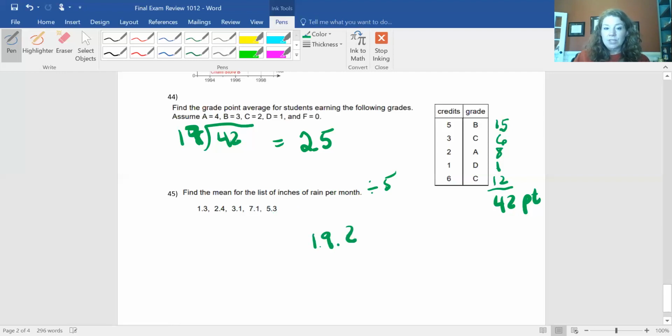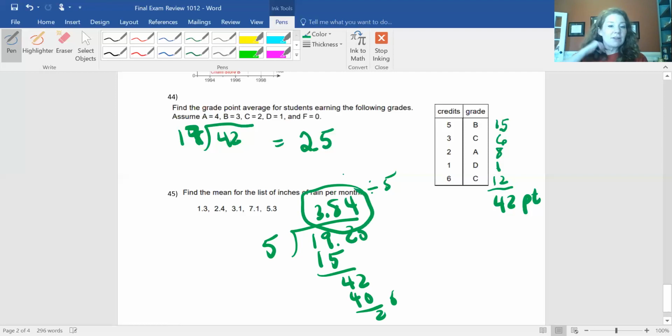So 19.2 divided by 5, it goes in there 3 times. 0.8, times 8 is 40, and then 5 into 20 is 4. So the average amount of rain per month was 3.84 inches. All right, guys, so that's your review.